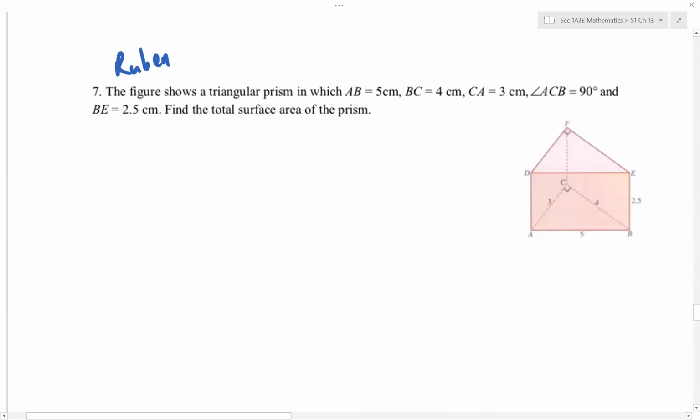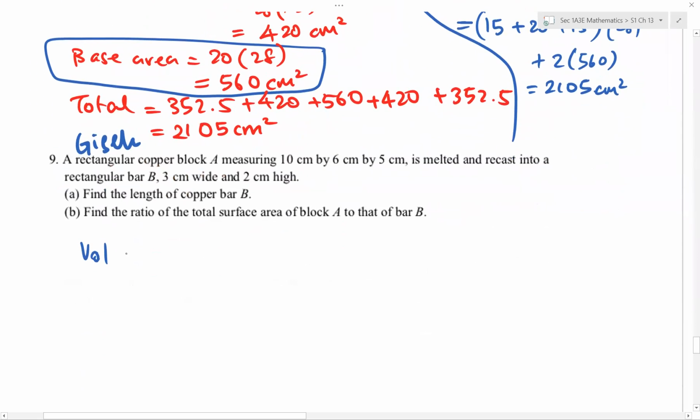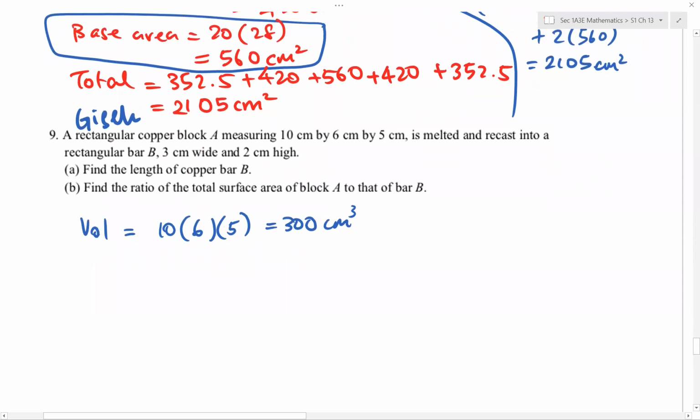Okay, so Ruben, your screen share, let me take a look. Okay, sorry, Giselle. Volume equals 10 times 6 times 5, so 300. It is melted and recast into a rectangular bar B, 3 cm wide, 2 cm high. Okay, what do you do next?